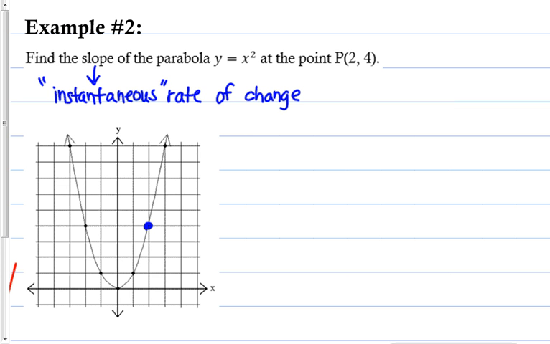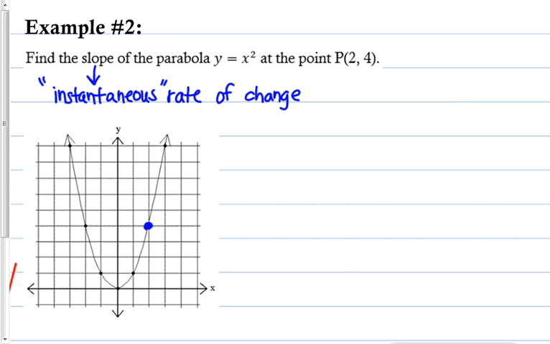All right, so as mentioned before, the problem lies in the fact that I only have 1 point. So to prove my point, we're going to make up another point.